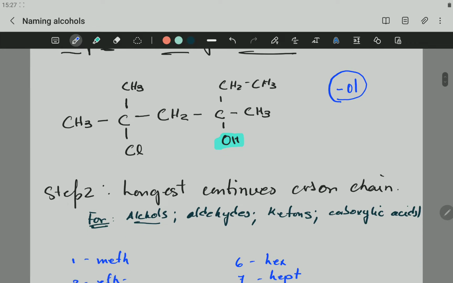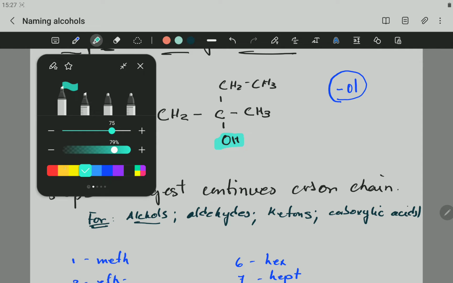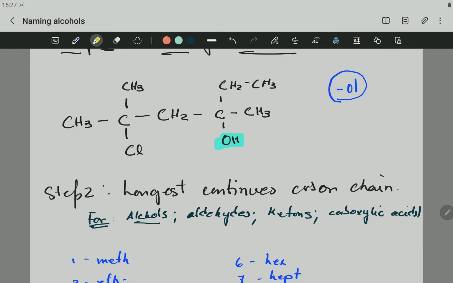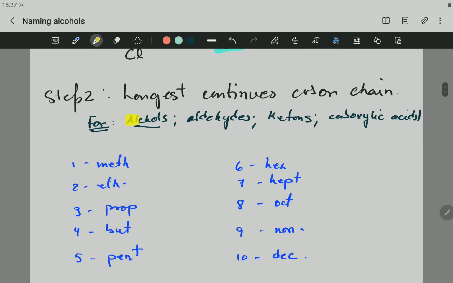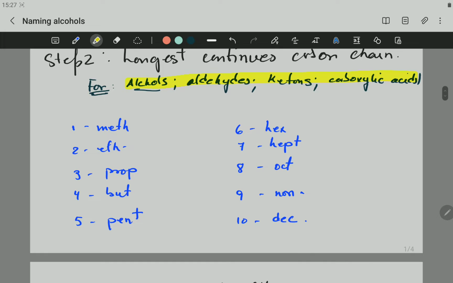The second step is to determine the longest continuous carbon chain. Now, this is a very important note. From alcohols, aldehydes, ketones, and carboxylic acids, there is going to be a small change in the names of the number of carbons.